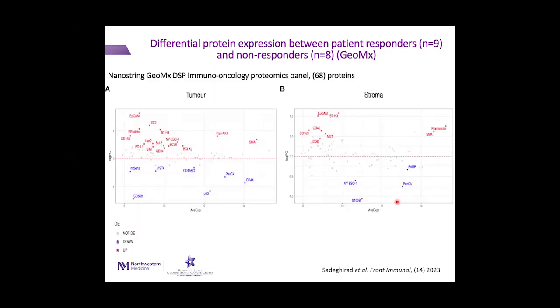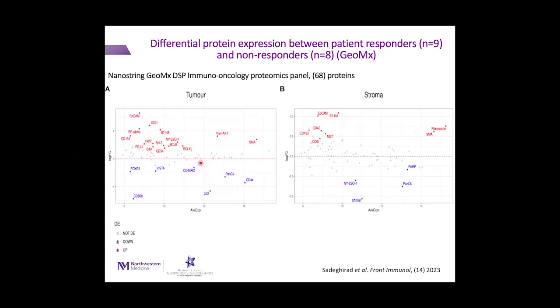So here I'm showing what they found in the GeoMx DSP platform by using the immuno-oncology proteomics panel of 68 proteins that they performed on the patient responders and non-responders. In panel A, you see the differentially expressed proteins in the tumor sections of these patients.